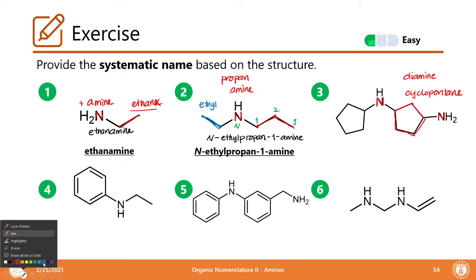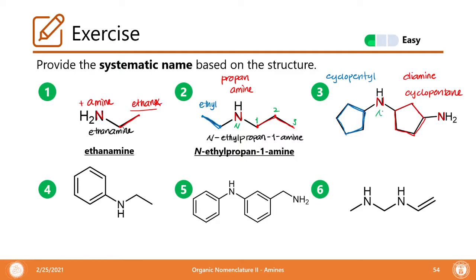Now let's do the substituents. We have here a 5-membered carbon ring, cyclopentyl. And then cyclopentyl is connected to N. However, we don't know which N specifically.